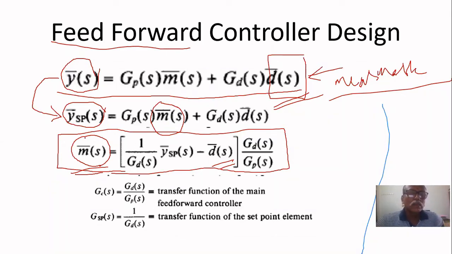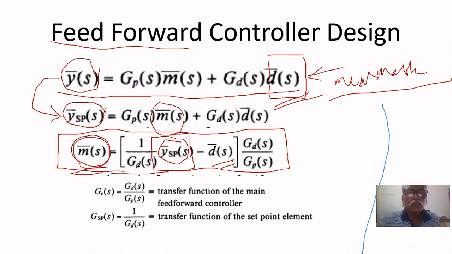So the feed-forward controller is M of S equal to 1 upon Gd of s, y set point of S. Why set point of S? Because our aim of the controller design is we want to make y equal to y set point. Some assumption we have to make while designing the controller. That's all. So we made an assumption that we want to make y equal to y set point. That's why we are substituting y equal to y set point.